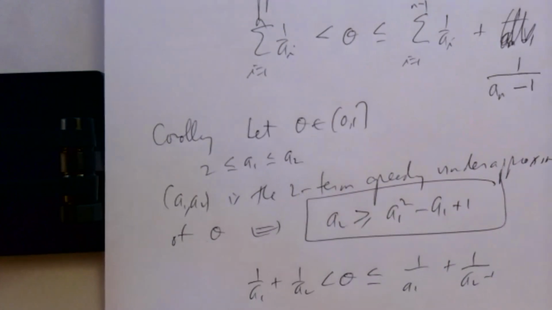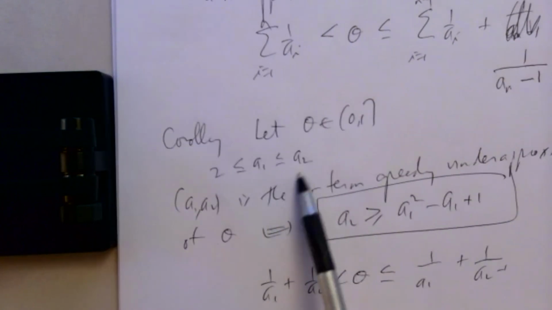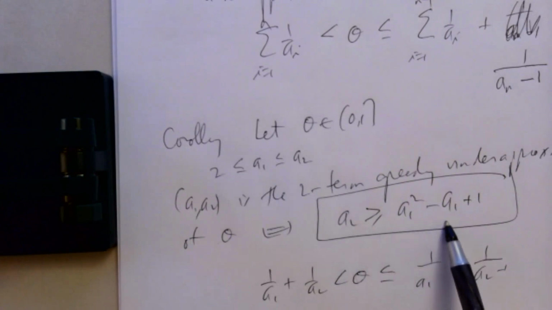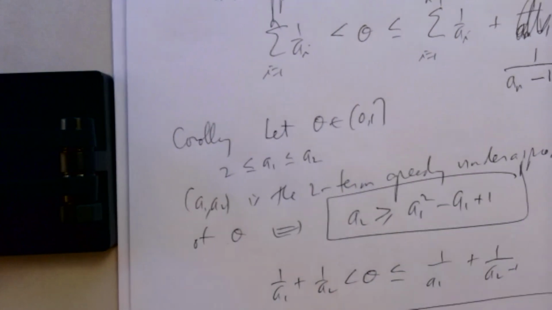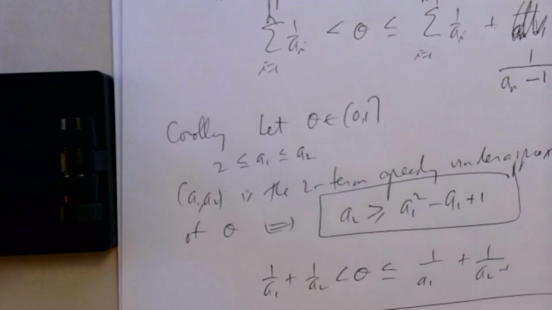So if you take two integers, A1 and A2, and A2 is sufficiently big, then the pair A1, A2 is the greedy underapproximation for everything in this interval. And in a bit, I want to understand when the greedy underapproximation is not best, even when you're just looking at two terms.